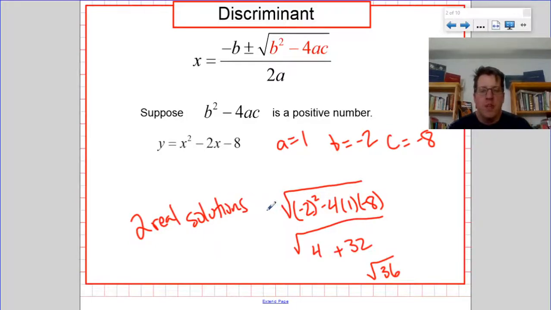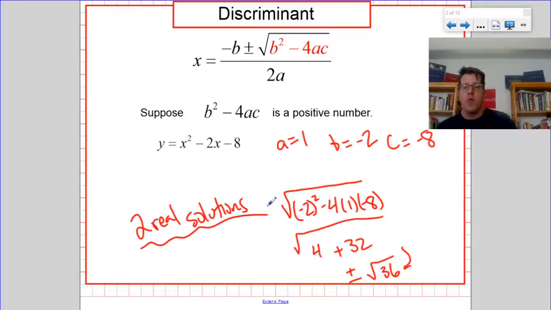Now, 2 real solutions means 2 numbers that exist in the real world. And the reason there's going to be 2 of them is because the number that I get out of the discriminant, I'm going to do plus or minus that. So, if my discriminant, b squared minus 4ac, is a positive number, I'm going to have 2 real solutions.